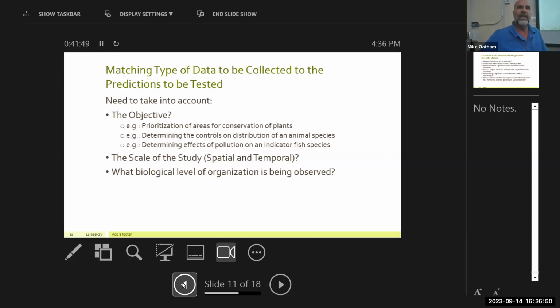But if you are looking at trees, okay, and one tree occupies 20 square meters, obviously a population of trees is going to be much bigger than the 20 square meters, okay? So you may find out that the size of your sample needs to be 5 kilometers by 5 kilometers, okay? You're measuring your tree.